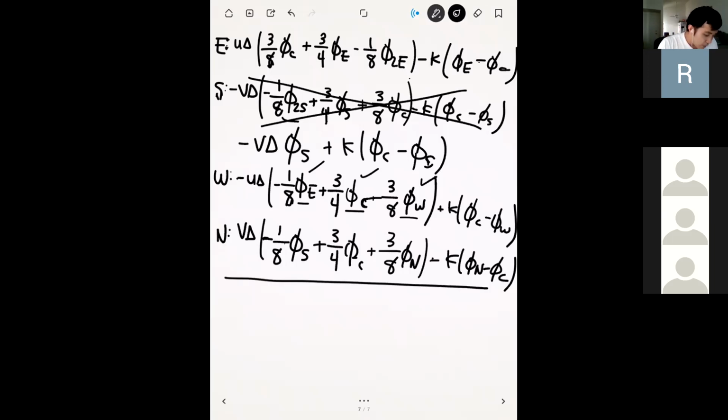Okay. So now that we have these generic expressions, we can go ahead and plug everything in. We can plug in the indices for our neighbors, and we can plug in our values for u, delta, and k.